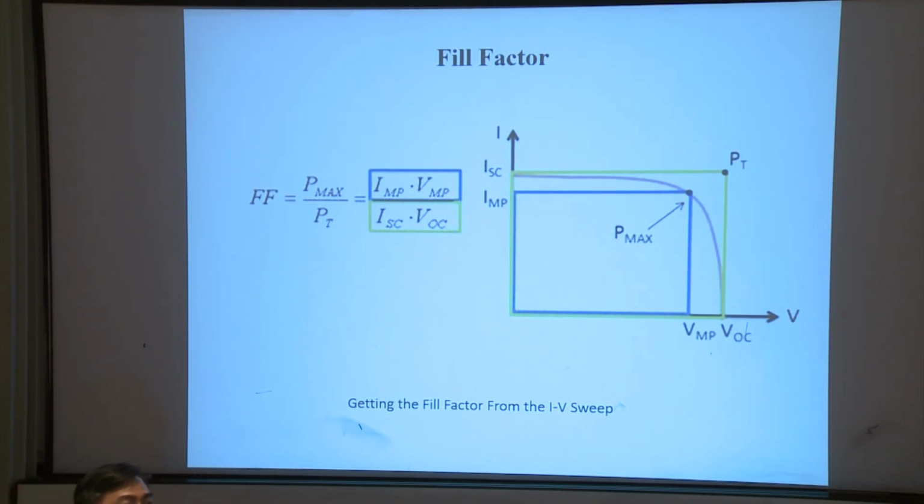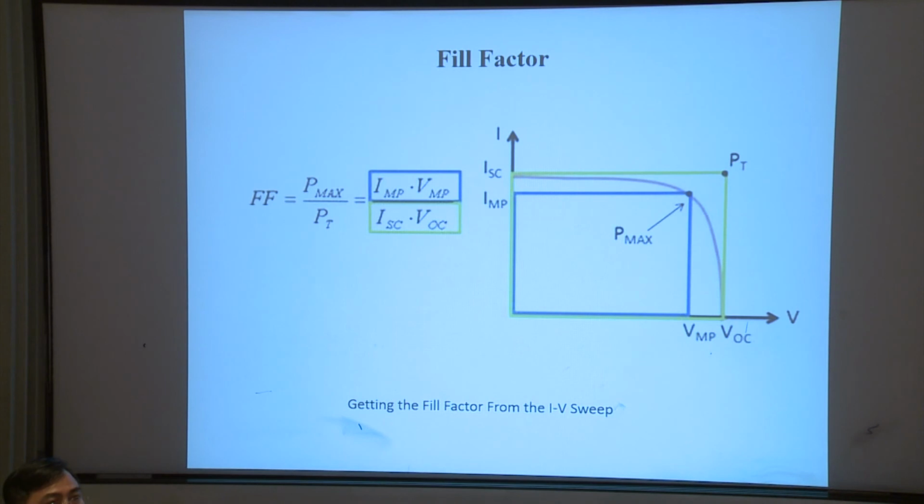We want to see if this solar cell is processed or constructed very well. If the fill factor is very close to 1, then it's a good solar cell. If not, then it's not a good cell.